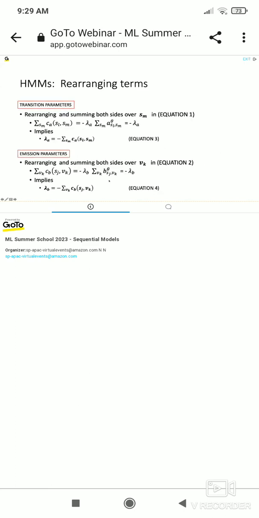These are the expressions for the solution for transition and emission parameters, while lambda_A and lambda_B are the Lagrange multiplier parameters, which are unknown. Let's try to estimate these parameters.